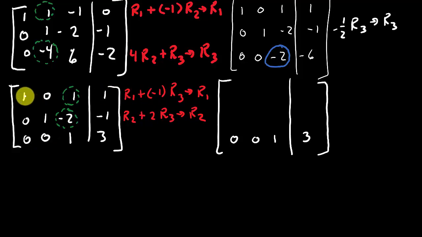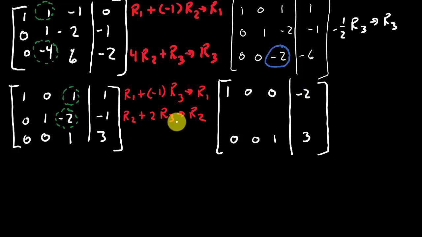So that's going to be 1 plus, well, -1 times 0 is 0, so 1 plus 0 is 1. And then here I've got what? 0 plus 0 is 0. And then I've got 1 plus, and then that's -1, that's 0. And then I've got 1 plus -3 is -2. All right.